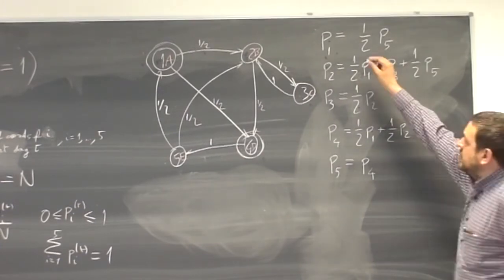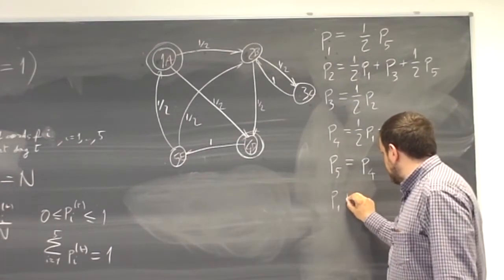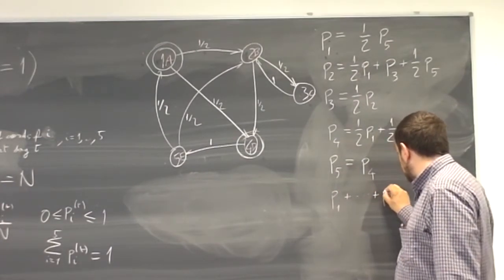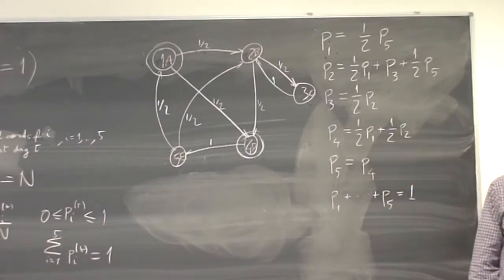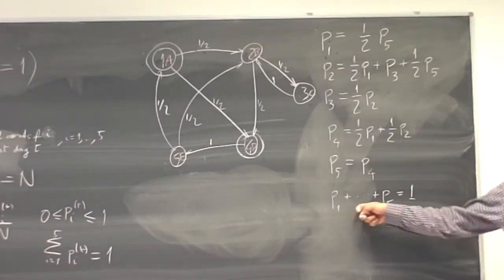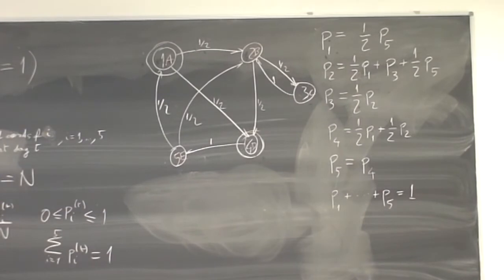So in order to find P1, P2, P3, P4, and P5, we are assuming that they are ratios, probabilities, fractions, so that they are a distribution, so their sum must be 1. We just need to solve them.